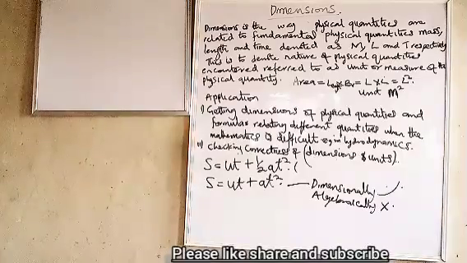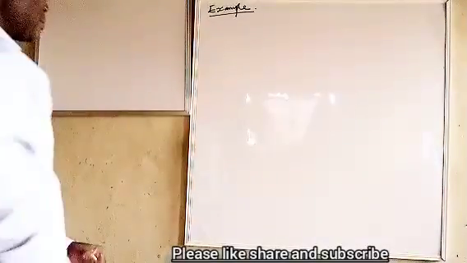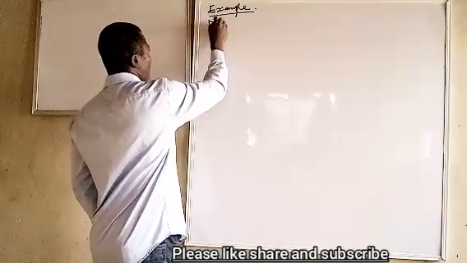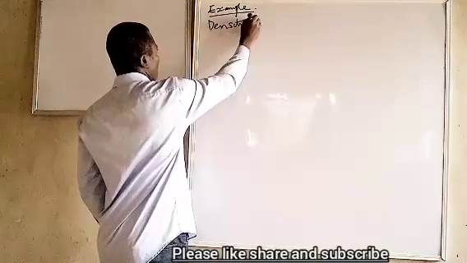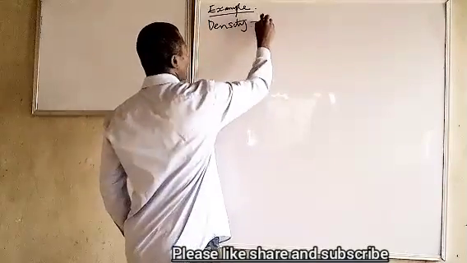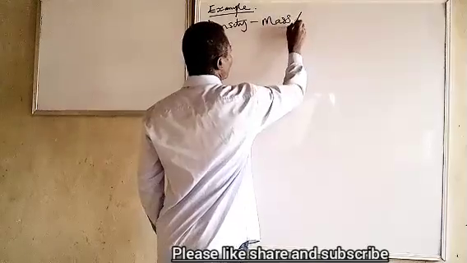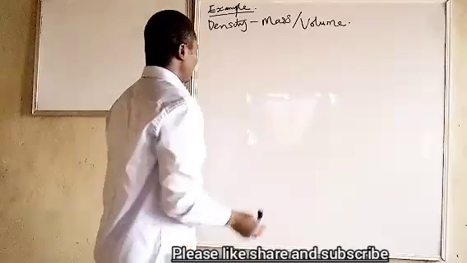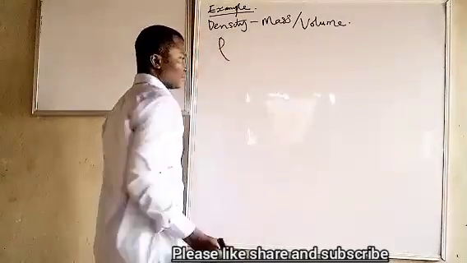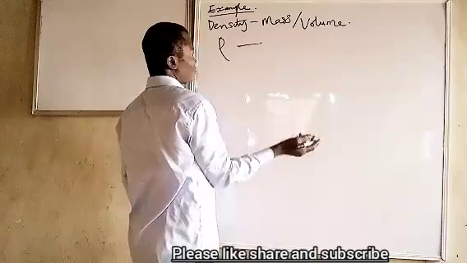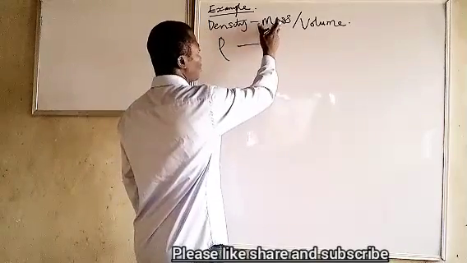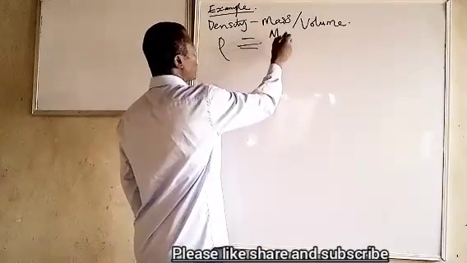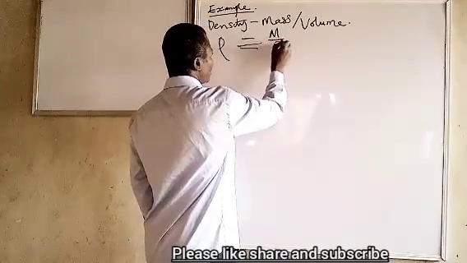Now, example. Let's look at finding the unit of density. Density is mass per unit volume, and this one is rho. And the units from dimension: what is it for mass? M. For volume, L raised to power 3.